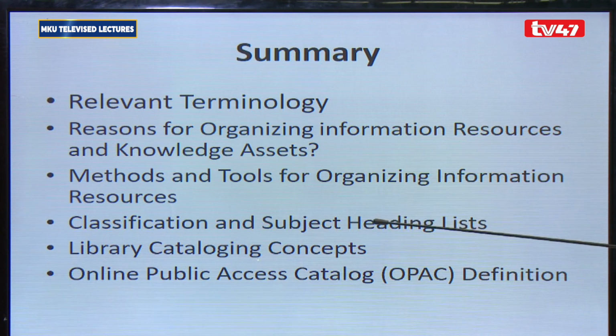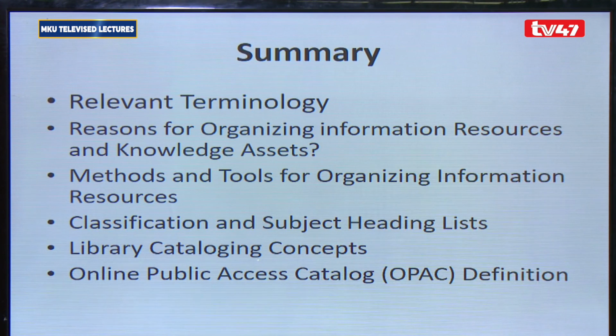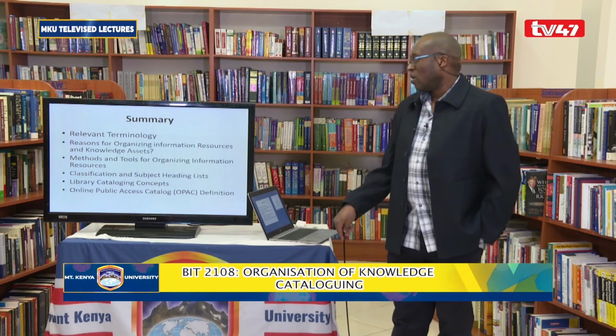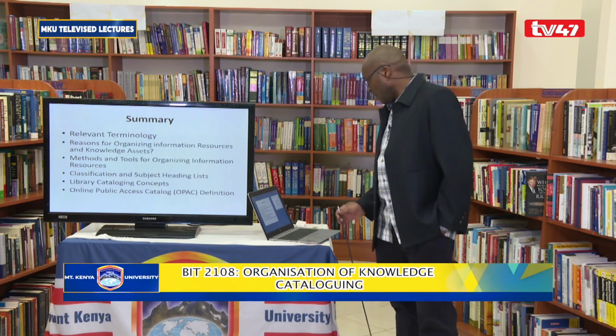Then we looked a bit at classification and subject heading lists. Then we introduced library cataloging concepts, and finished with online public access catalogs. So we will continue from there and develop the concept. This is the end of lesson 1. Thank you so much for your attention.